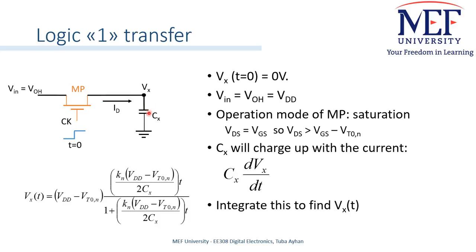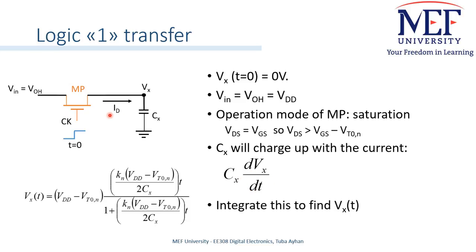So, this capacitance here, Cx, will charge up with the current through this transistor. This current is equal to ID, the drain current of MP, and also it is equal to Cx times dVx by dt.